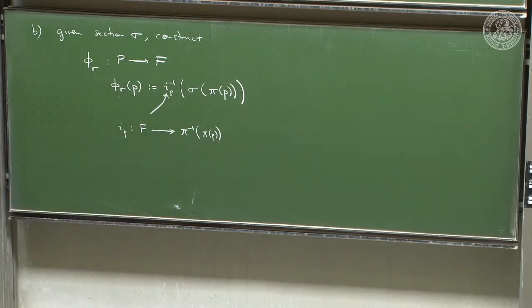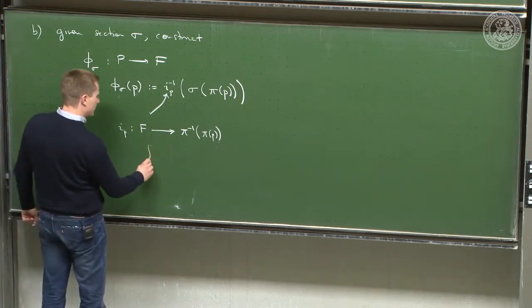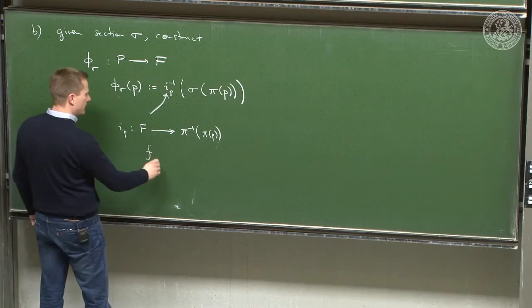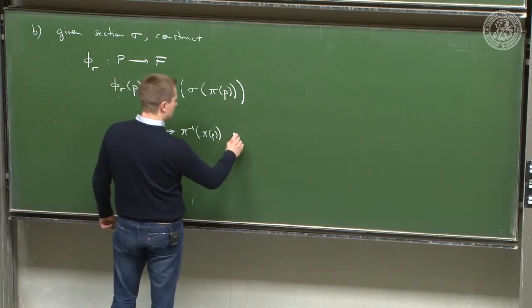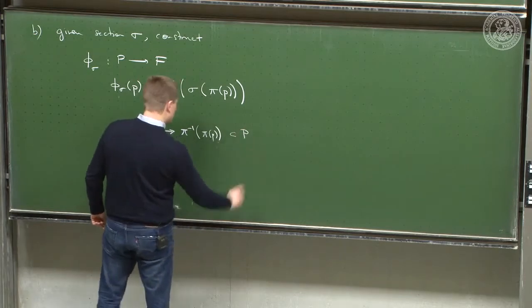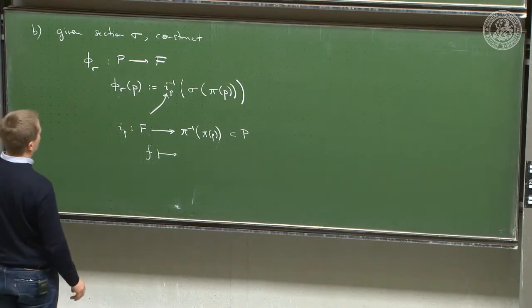Okay, so we have this map. And this map was defined by taking an element F of the fiber and mapping it. So this clearly lies in the principal... No, hang on. Where do I want this to lie?